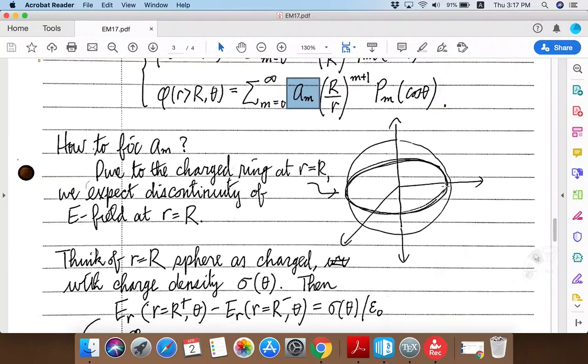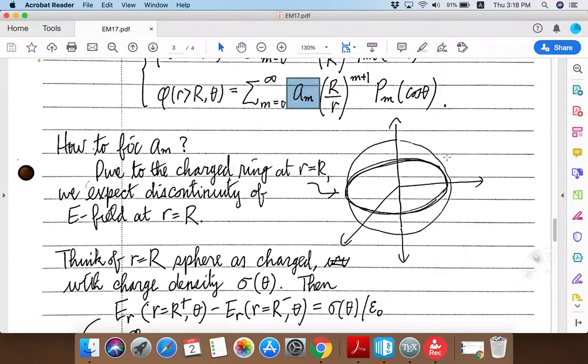Okay, so the way to think about this is you can imagine this sphere whose radius is big R to be separating the region inside from the region outside. And this sphere is charged. Because of the charges sitting on the surface of the sphere, you expect some discontinuity of the electric field as you go from inside of the sphere to the outside.